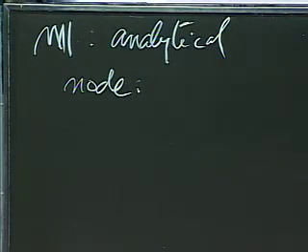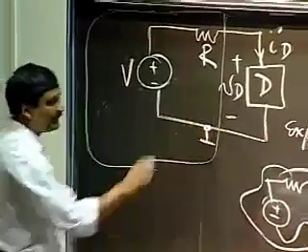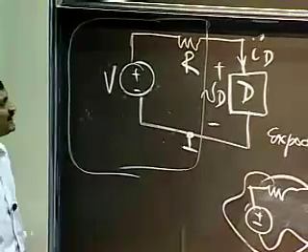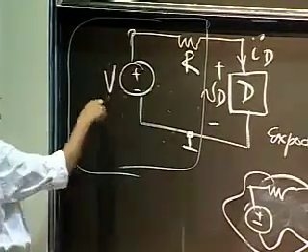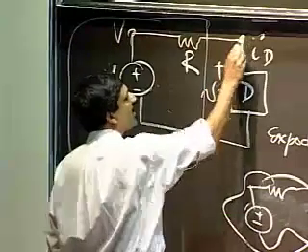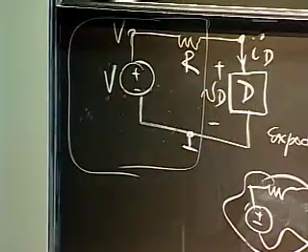So let me go ahead and apply the node method. To apply the node method, I first have to select the ground node. Let me select this as my ground node. Let me label all the nodes with their voltages. So this node has voltage V, and this node has a label capital V_D.